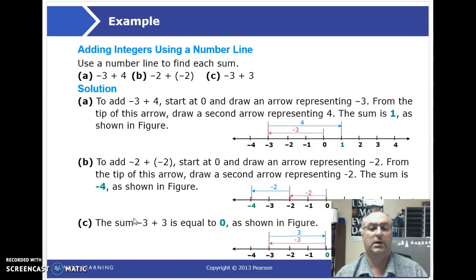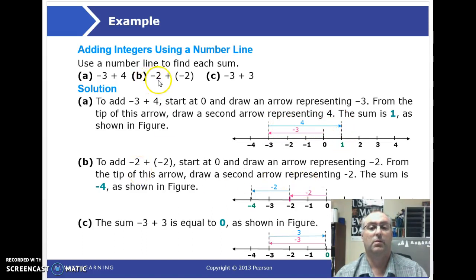Another way to look at this is on the number line. Take, for example, the sum -3 plus 4. Well, if we start at 0 and go negative to -3, we're here. And if we add 4, we go back to the right 4, and so we're at 1.